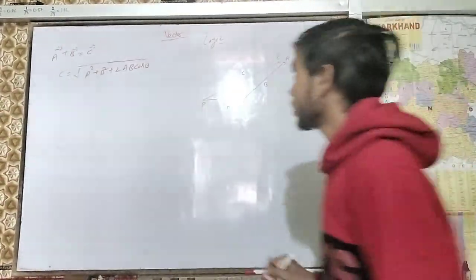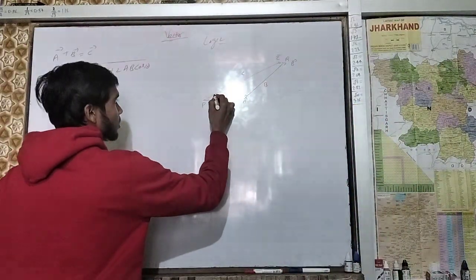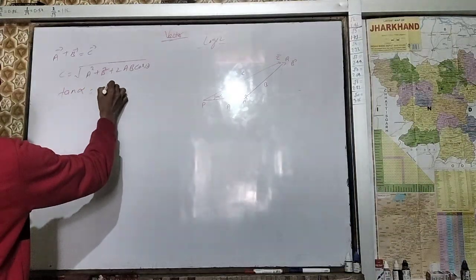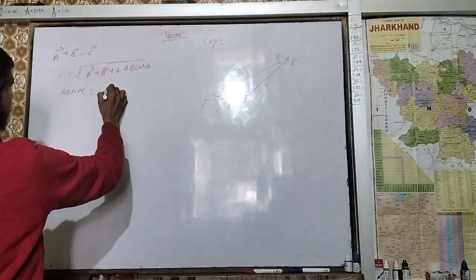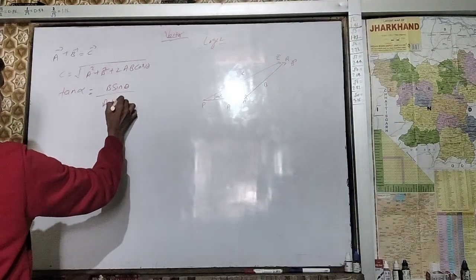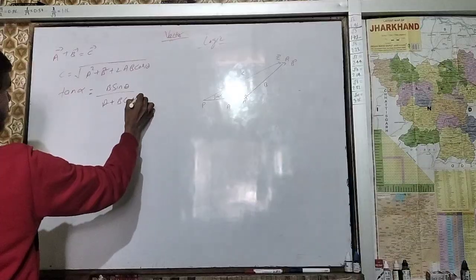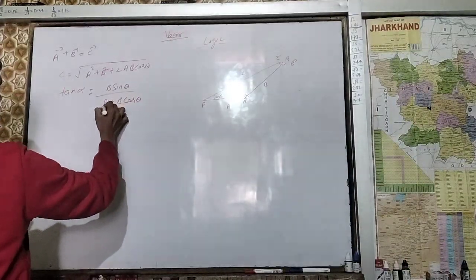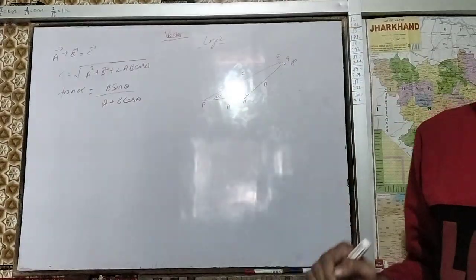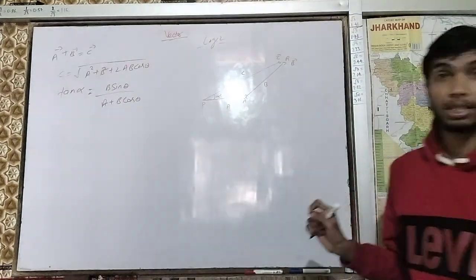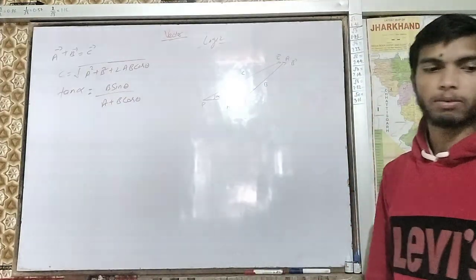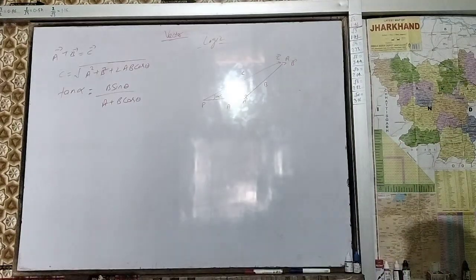Now another formula to calculate this alpha: tan alpha is equal to b sine theta upon a plus b cos theta. There are two formulas. What is the logic behind these two formulas? How did it come? With the help of this figure, we will be able to find.